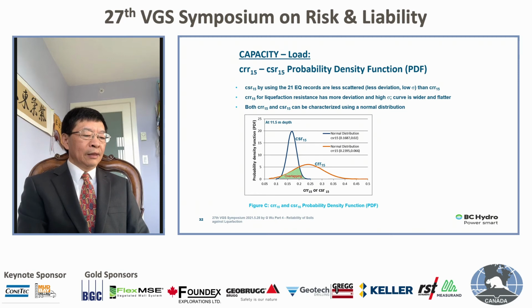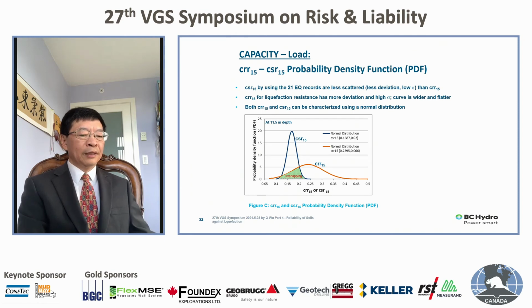And you can see the cyclic resistance ratio has a wide distribution, meaning it has most uncertainties for the N160 distribution, I assumed. But for the time history or for the SQL record, I used the load side, which is cyclic shear stress ratio, is more concentrated, meaning it's less scattered compared to the CRR. And this is typical in the probability analysis.